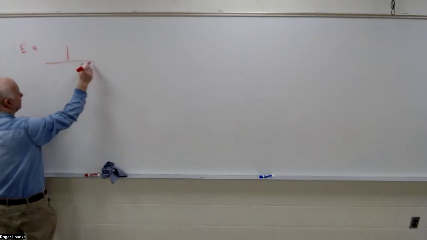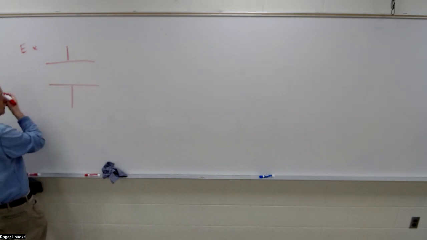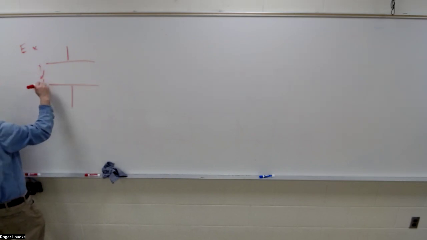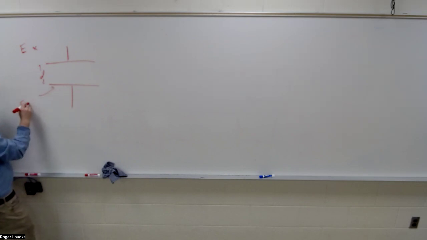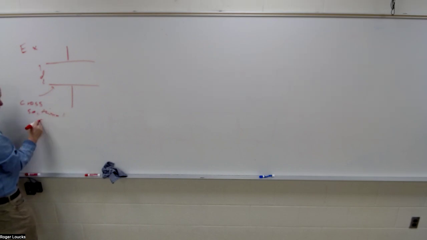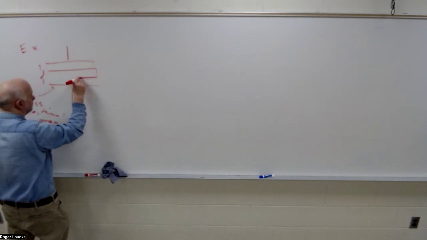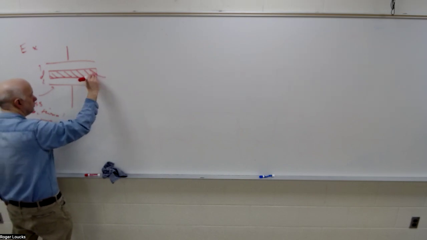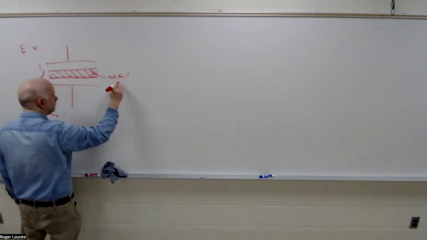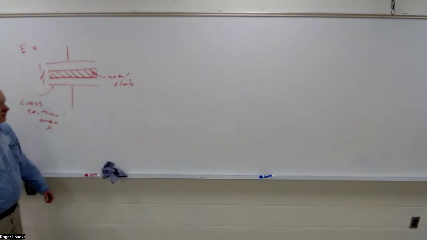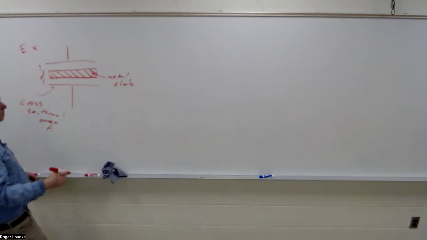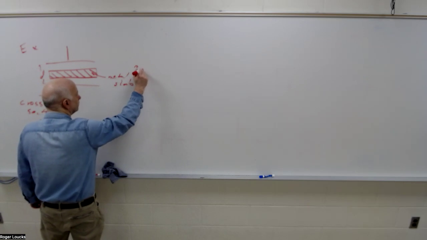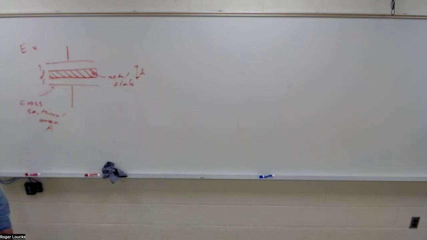Okay, so let's say I have a capacitor here. This is D. This has cross-section area A. And I'm going to put a metal slab here, and let's say that it has some thickness, let's call it L. So this right here is L. I want you to find the new capacitance here.